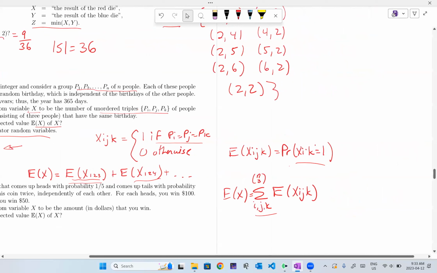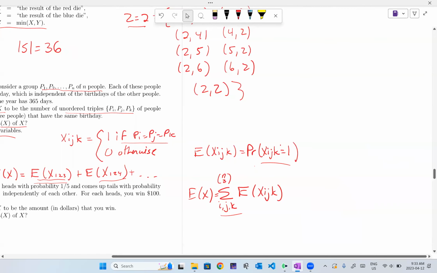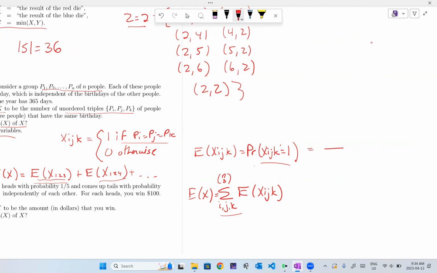So the probability X_ijk is equal to 1 is the probability that person i, person j, and person k all have the same birthday. The sample space is 3 people and 365 days. I choose a birthday for person 1, for person 2, and for person 3.